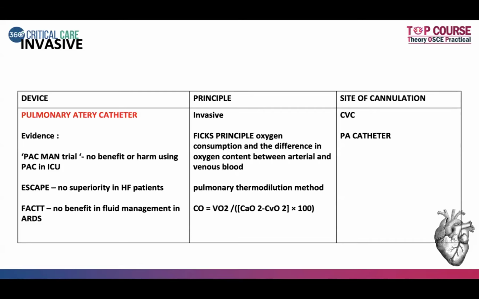That is, it is based on the formula VO2 divided by (CaO2 minus CvO2) times 100. That is oxygen consumption and the difference in oxygen content between the arterial and the venous side. This technique is called the pulmonary thermodilution technique. So all we need is a PA catheter.